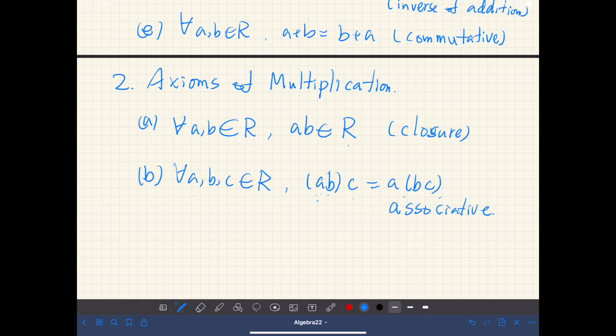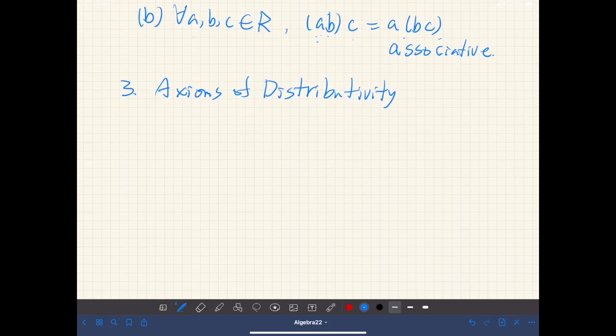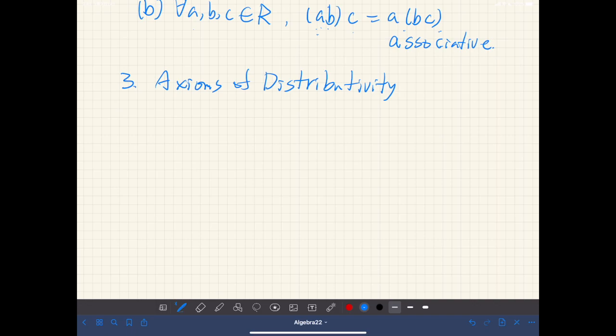And also axioms of distributivity. Distributivity is a little bit strange word, but anyway. For all a, b, c in R, we have a times (b plus c) is equal to ab plus ac.